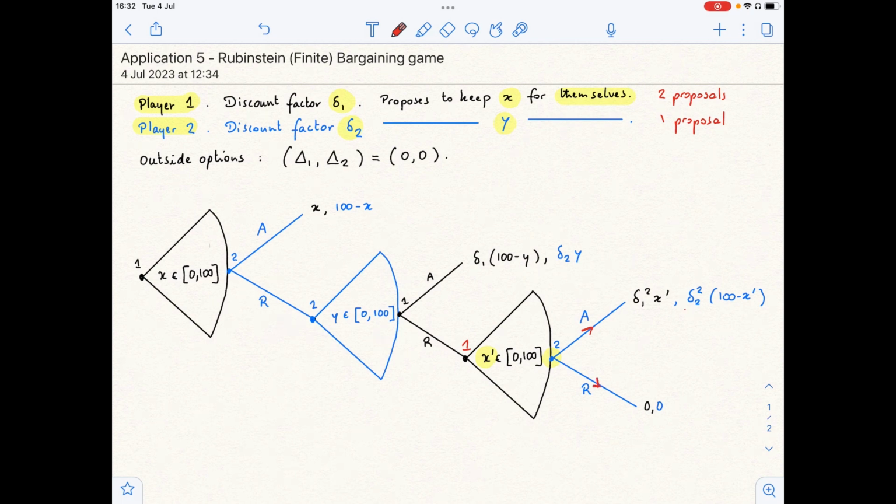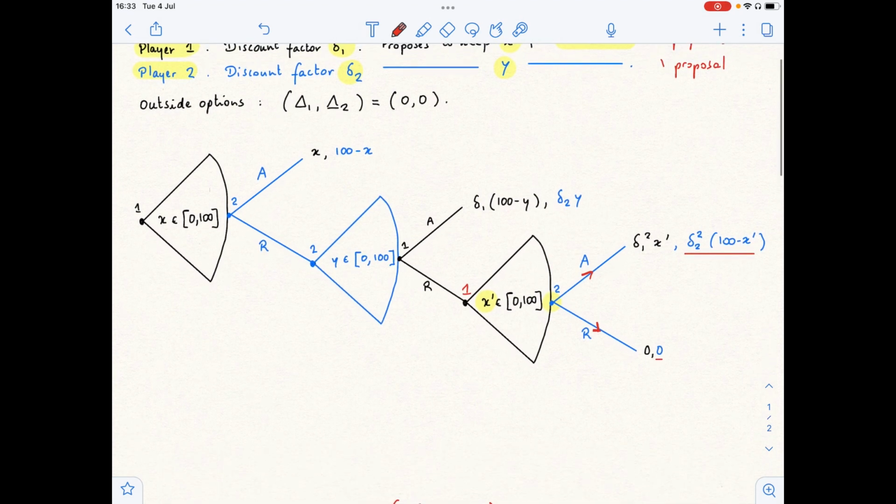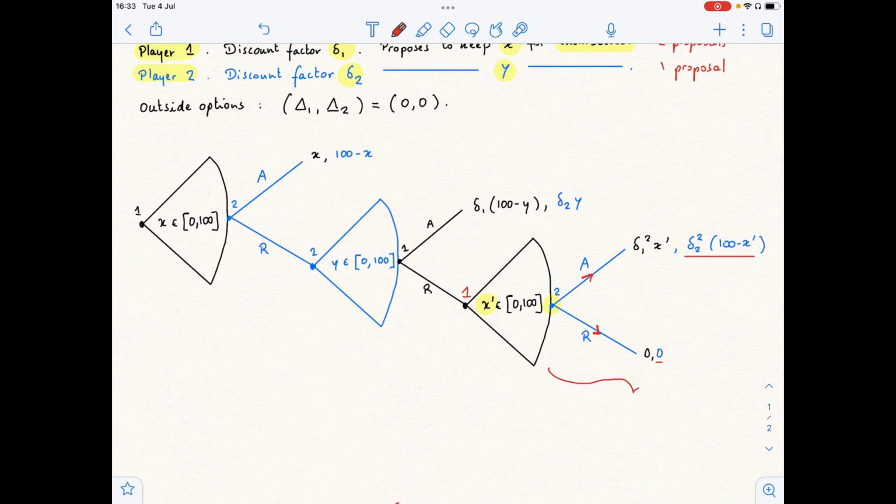And player 2 is basically comparing this payoff, delta 2 squared times 100 minus X prime, with this payoff. And here they're going to have a simple decision rule, which is going to be to accept as long as the payoff from accepting, delta 2 squared times 100 minus X prime, is greater or equal than the payoff from rejecting, 0. And they'll reject otherwise, right?